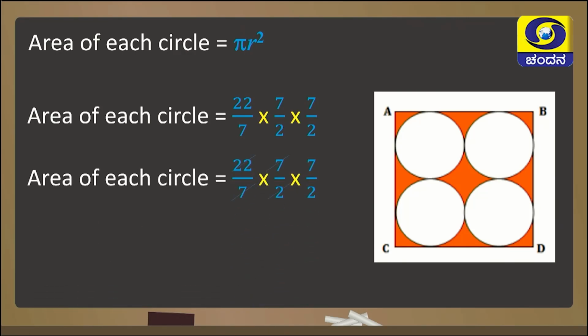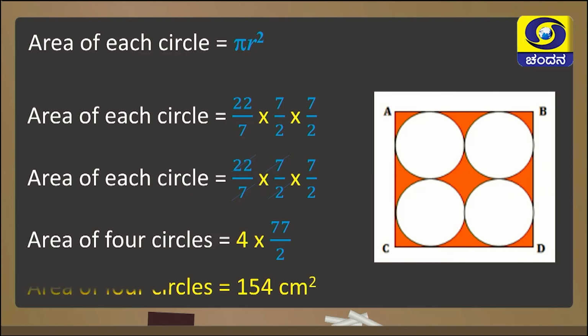Here 7 cancels, 2 ones are 2, 11s are 11. We are left with 77 by 2. But here we need to find the area of 4 circles. That is 4 into 77 by 2. After simplification, we get the area of 4 circles as 154 centimeter square.